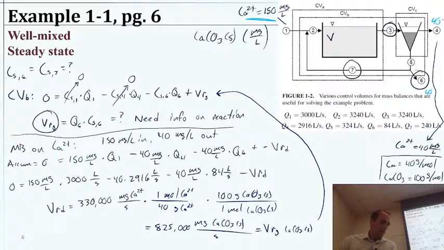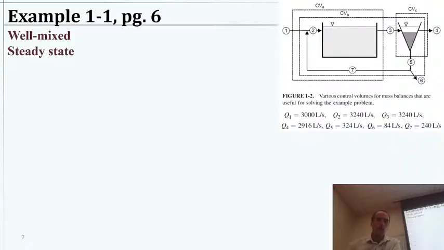All right. When we do that and we solve for that, that would also go right here. We could then solve for that, and we'll go ahead and do so here. So the concentration of solids at pipe 6 should be essentially dividing that 825,000 number by that flow rate.